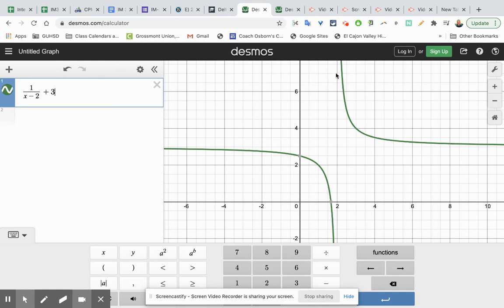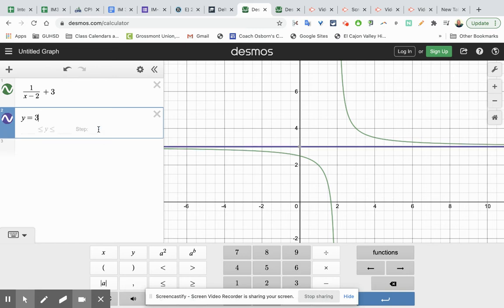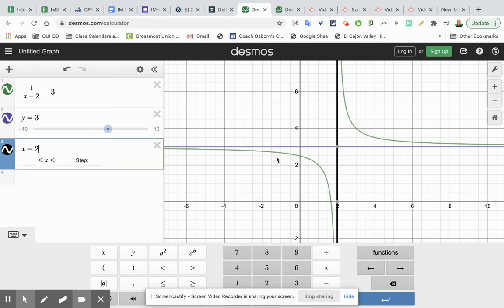You can see that asymptote right there and right there. And if I actually put y equals 3 as a line, you'll see that it goes right through the middle. And if I put x equals 2, you can see that it forms another asymptote going straight up and down. Okay?